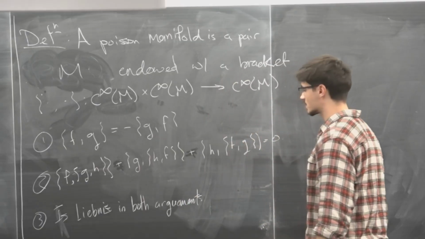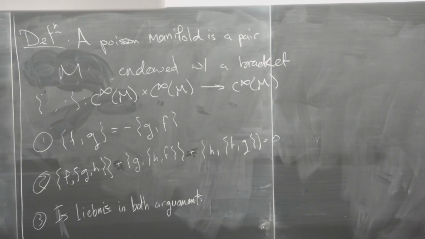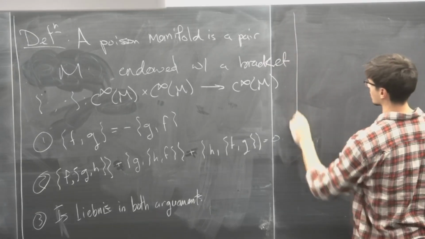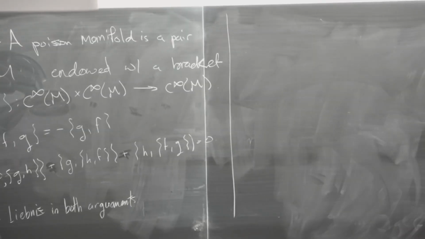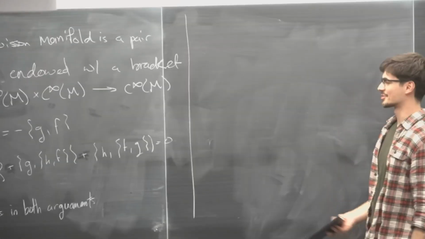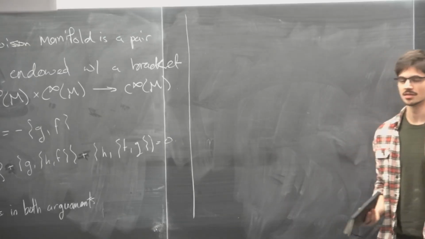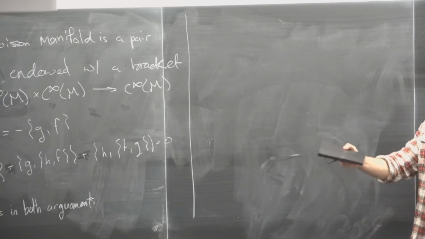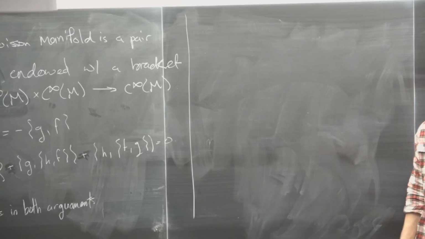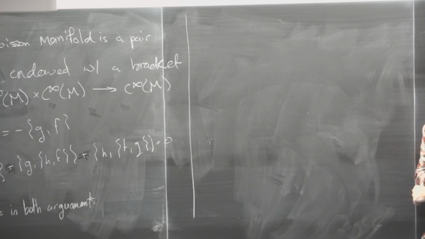And this third one is particularly interesting because we are taught in basic differential geometry that, or does someone want to tell me what being Leibniz gives us? Any ideas?